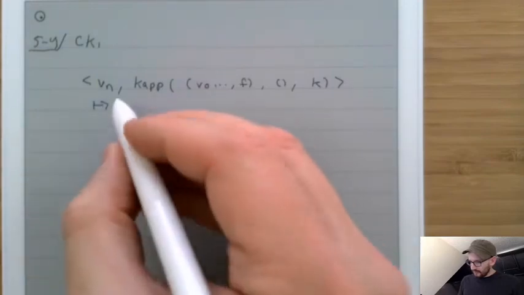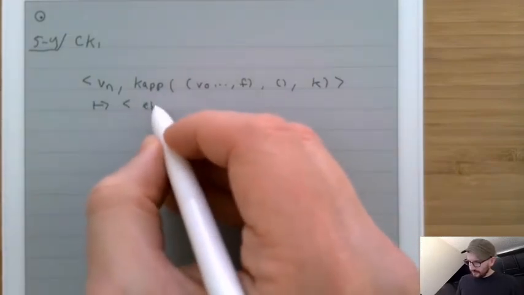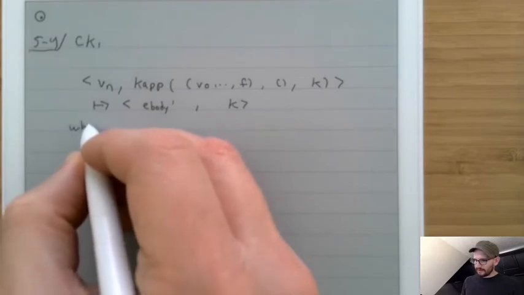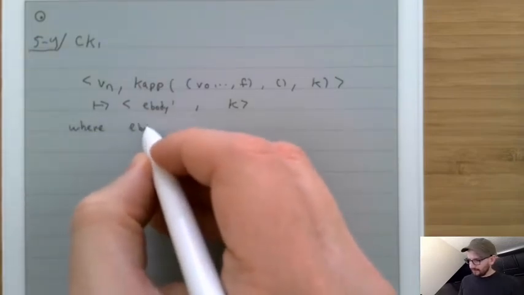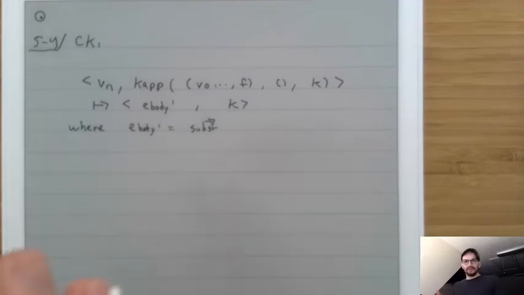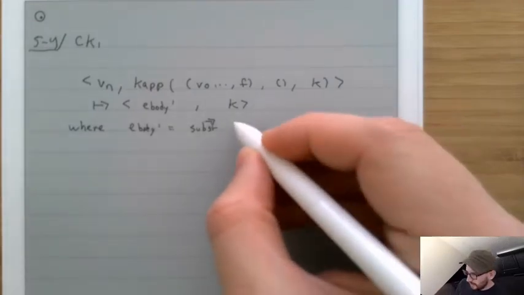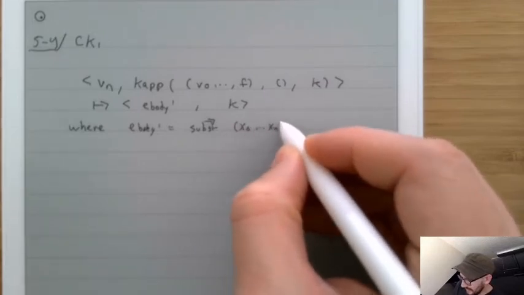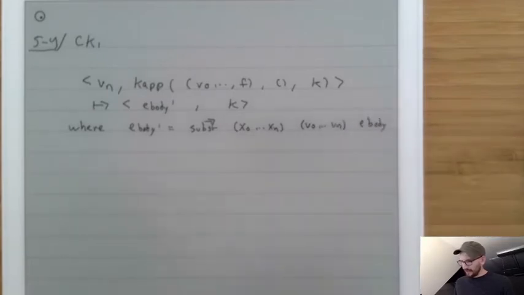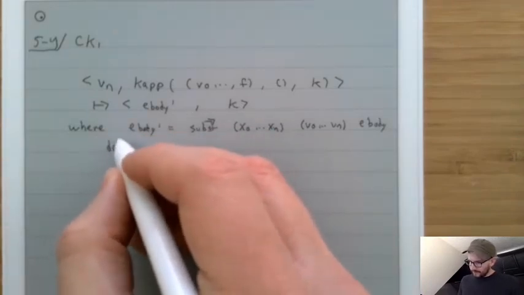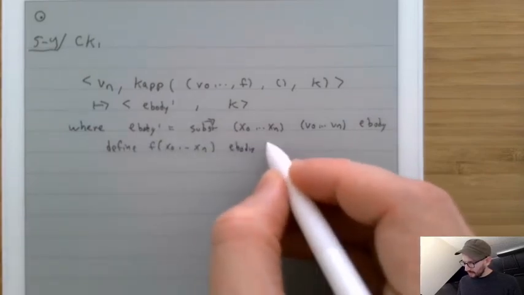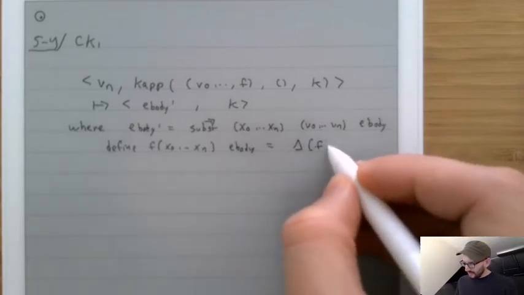Then what we want to do is go to e body prime with the continuation being k, where e body prime is equal to subst, the arrow version, which we can implement in the low-level language just like we can implement it in the high-level language, x0 dot dot dot xn through v0 dot dot dot vn on the e body, and where define of f x0 dot dot dot xn e body is equal to looking up inside of delta the name f.